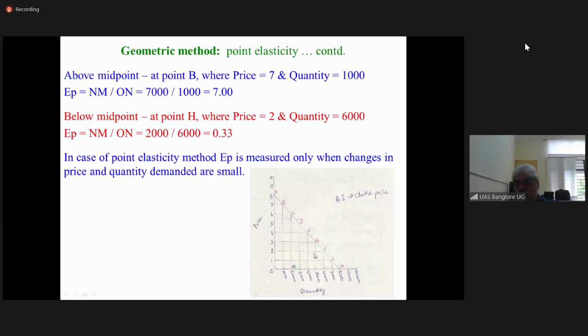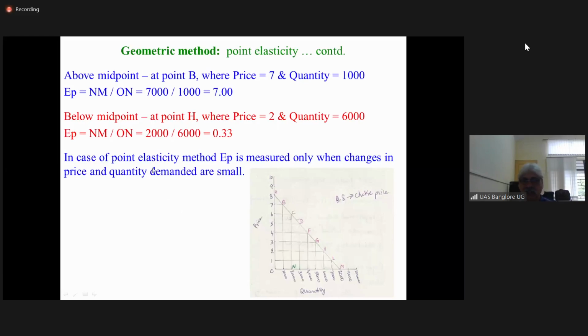The difference is only 2,000. So NM is 2,000 divided by ON, 0 to 6,000. So 2,000 by 6,000 is 0.33. So any point below the midpoint would be inelastic. It would be less than 1.